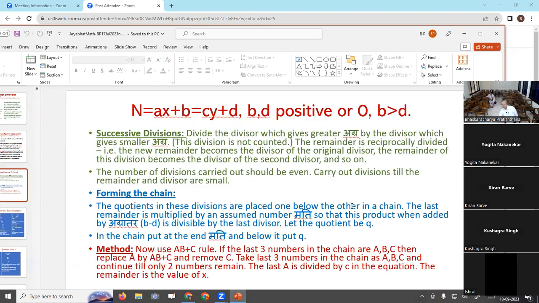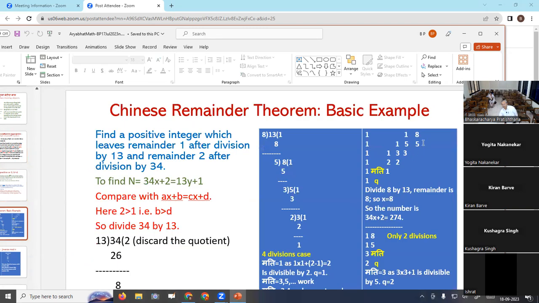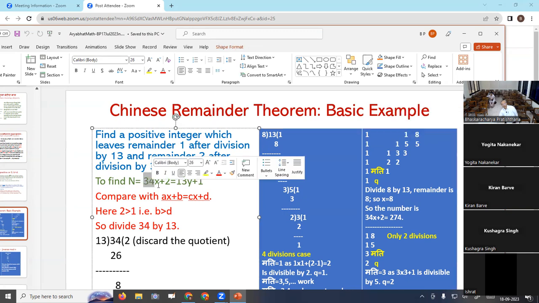So ax plus b. Out of the last two numbers, you take the first, multiply it by a, which is 34, and add adhikagra 2 to that, and that is the answer n.